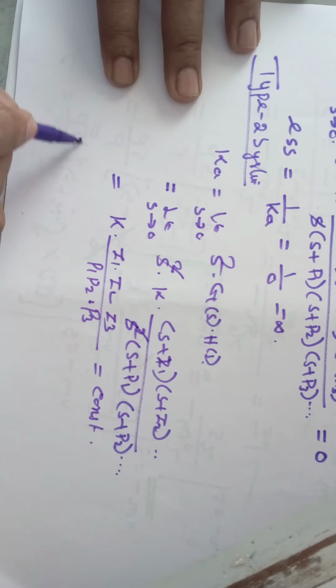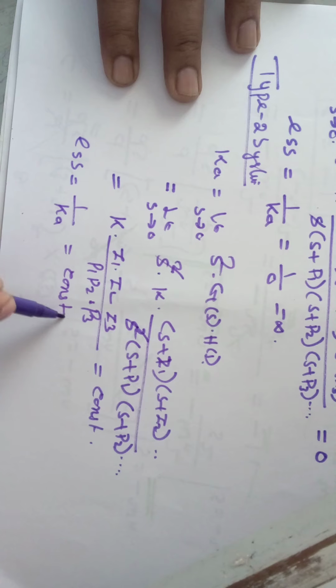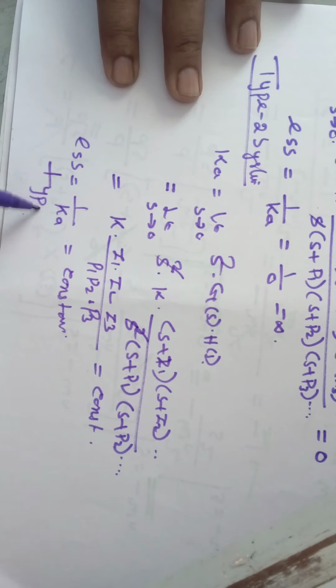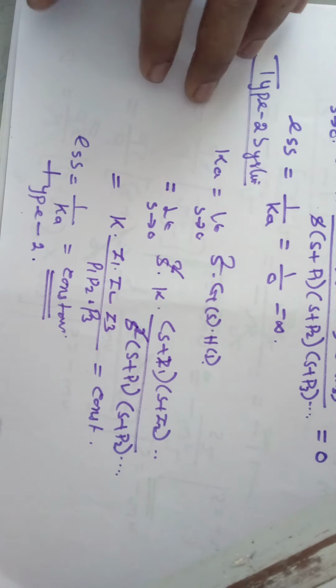Therefore your steady state error ESS will be equal to 1 by Ka, which is equal to a constant. Therefore for a type 2 system, if the input is a unit parabolic signal, then you will be getting a constant steady state error.